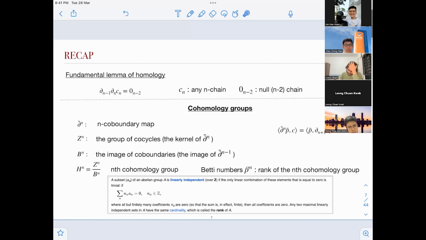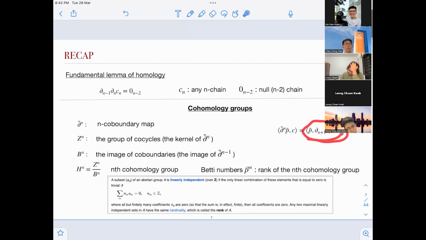After that, we also talked about cohomology groups, which are analogously defined using the n co-boundary maps. How do you define the n co-boundary map? It is defined through the boundary map. Let's say C is a cell and P tilde is a co-cell.